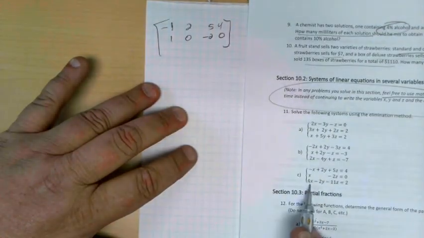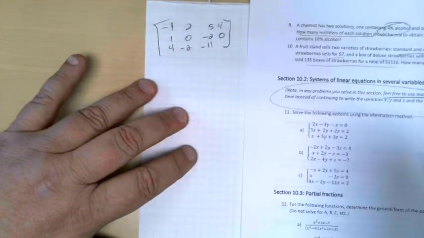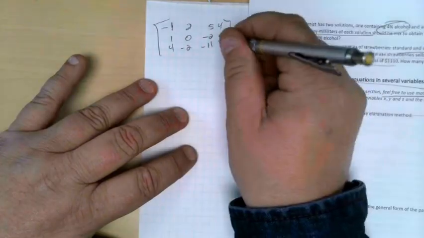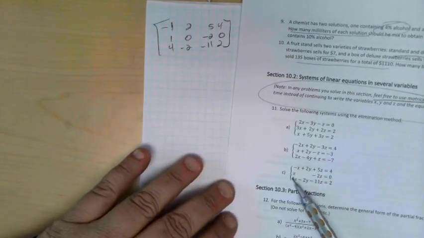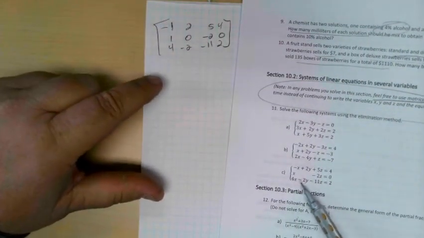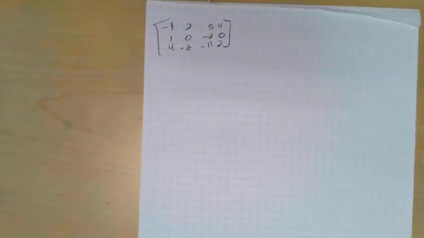Okay, and here I get 4, -2, -4, -2, -11, 2. Okay, cool. Double checking myself. -1, 1, 4, check. 2, 0, -2, check. 5, -2, -11, check. 4, 0, 2, check. Okay, I got it.